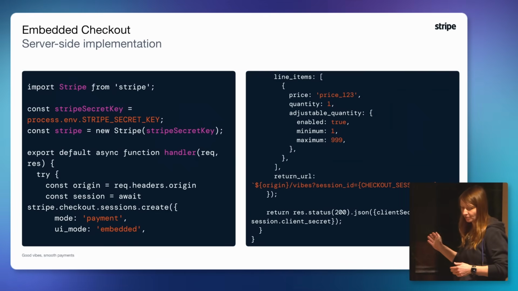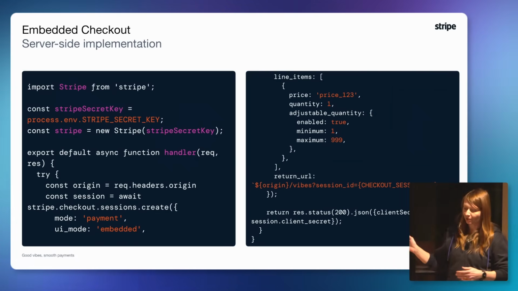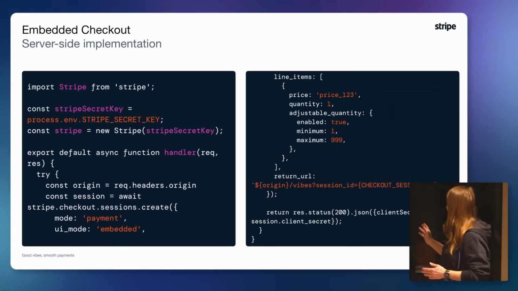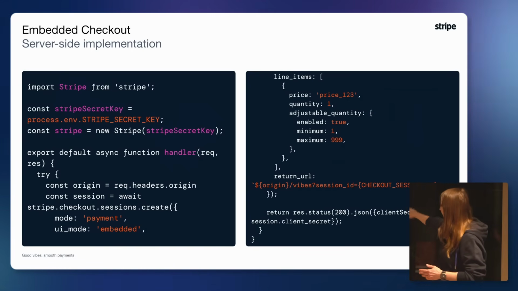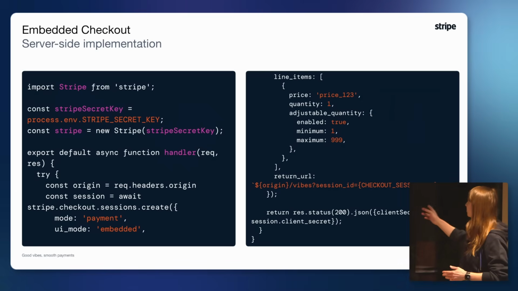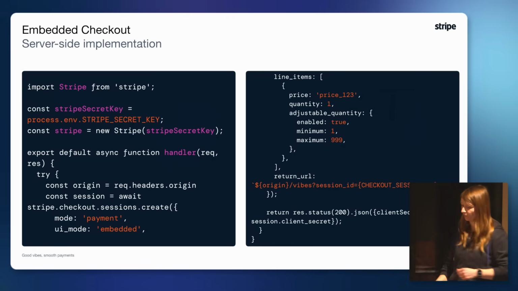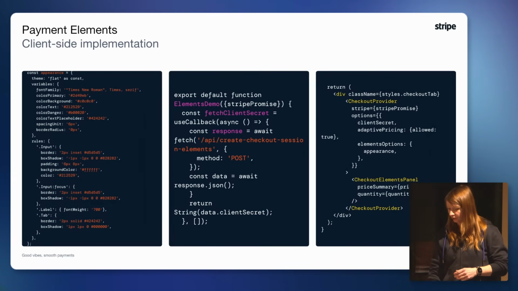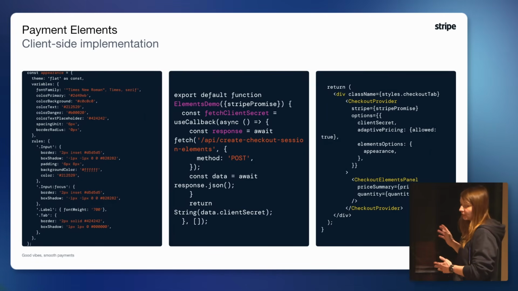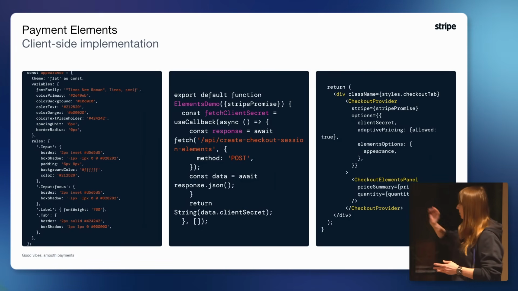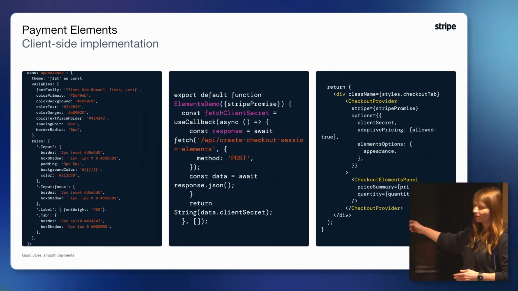And then this is the server-side code, which makes a post request to the Stripe API. It does send over the price ID, which is how Stripe knows which product your customer is buying. And finally, this is the payment elements client-side code. The most important part of this is that appearance object in the first code block.